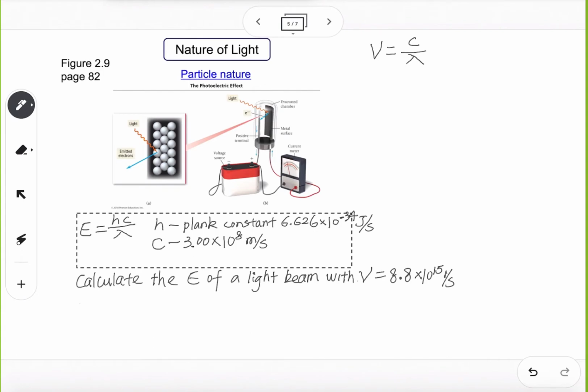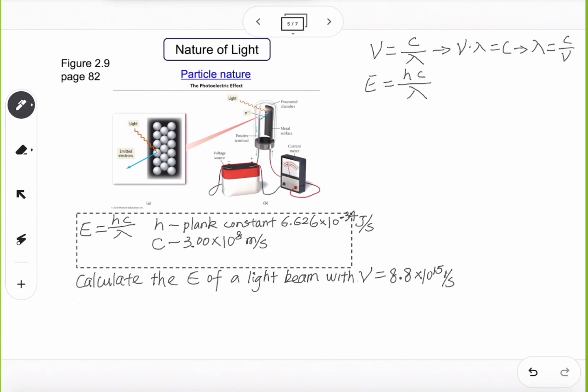And you have E equals hc over lambda. If you reorganize the top equation a little bit, you multiply lambda on both sides, nu times lambda equals c, and then you divide by nu on both sides. That will give you lambda equals c over nu.